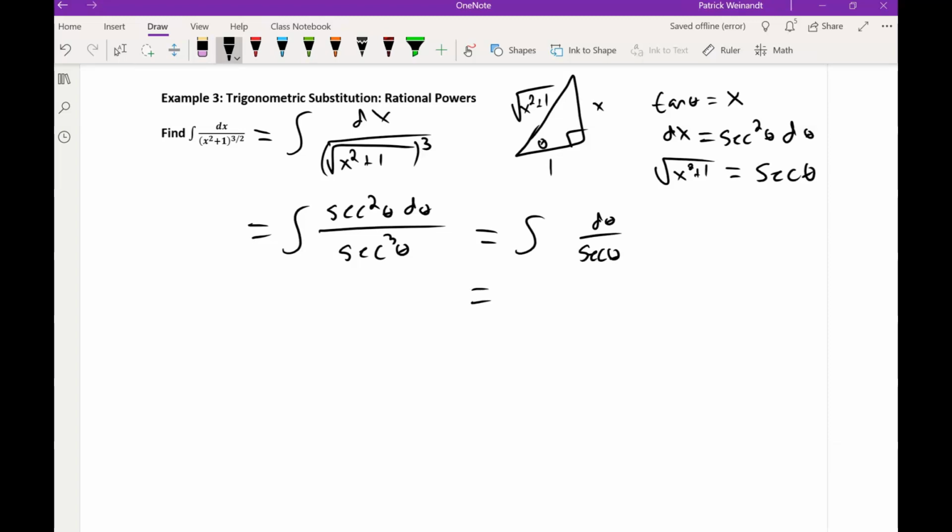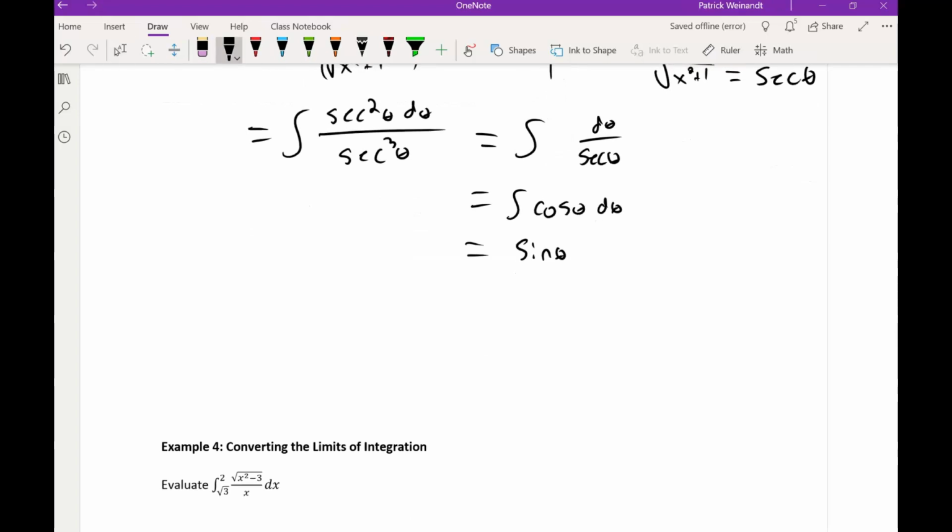What do we know? That 1 over secant theta is the same as cosine theta. So this is the same as the integral of cosine theta d theta. What's the antiderivative of cosine? We're saying what thing's derivative is cosine, and that's just sine. So the antiderivative of cosine is sine theta. And once we evaluate this indefinite integral, we're just going to get plus c here.